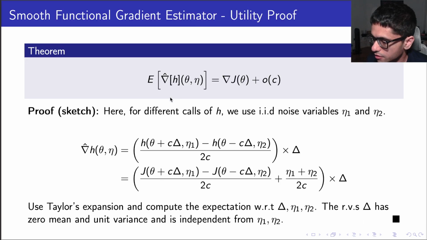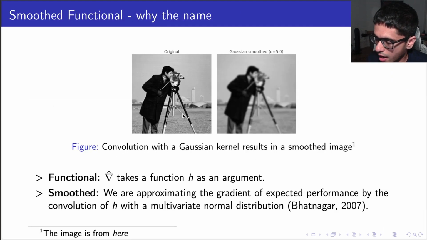So the integral with the probability distribution over delta, the whole mathematical form, is pretty much a convolution. And if you think about it in image processing, a convolution with a Gaussian kernel results in a smoothed image. So that's where the nomenclature comes from.